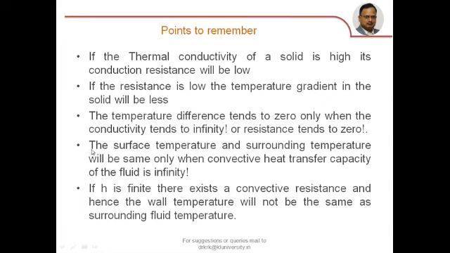Next. The surface temperature and surrounding temperature of an object will be the same only when the convective heat transfer capacity of the fluid is infinite. That is what we have seen. Only if the convective heat transfer capacity is infinite will the surface temperature of the body and the surrounding temperature be one and the same.